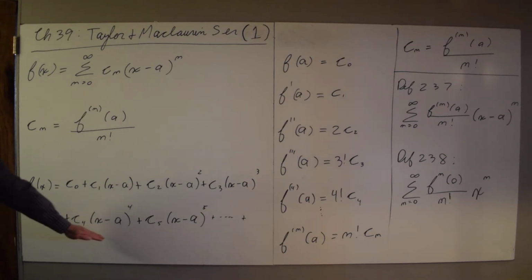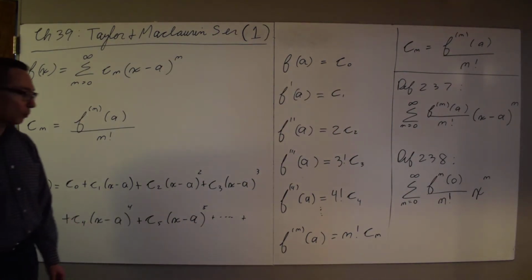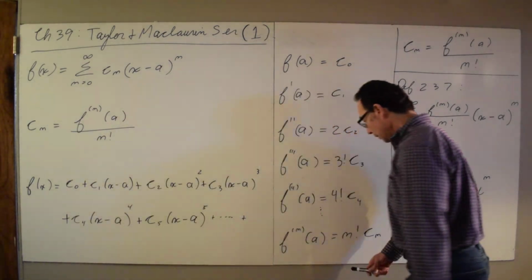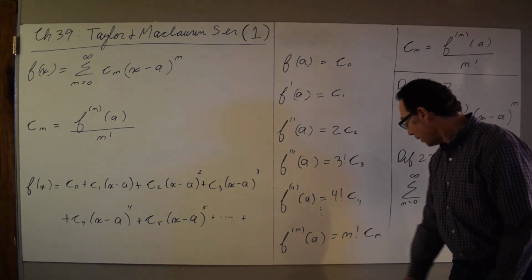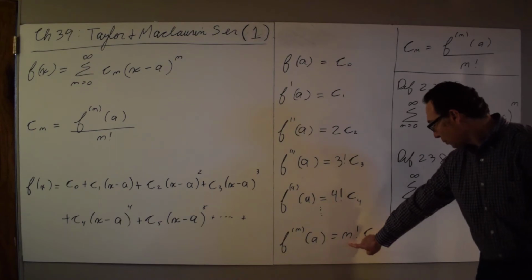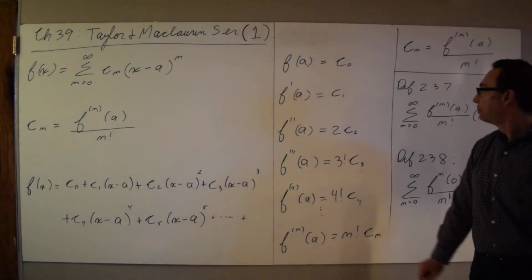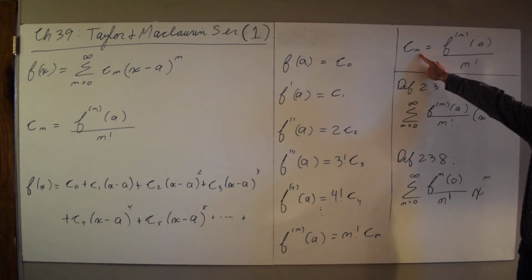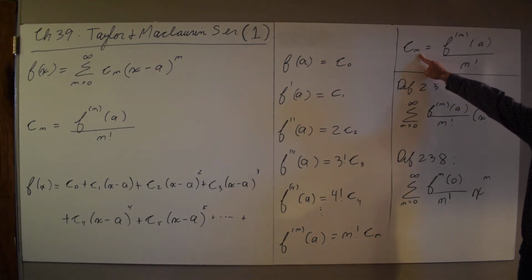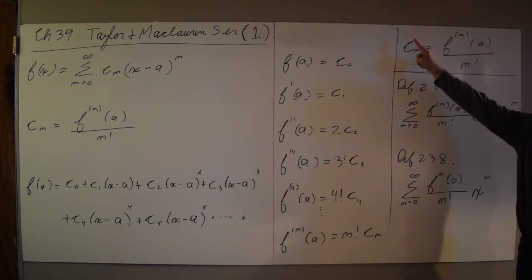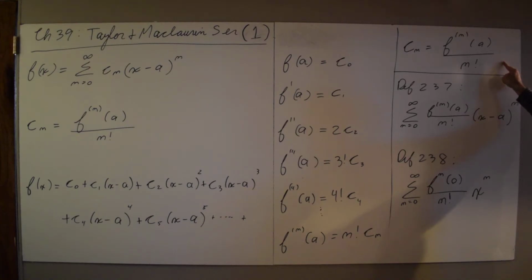All of these terms have an x minus a in them, and they go to 0. The same thing is true for the fourth derivative, and in general the nth derivative. And so the nth derivative of f evaluated at a is n factorial times c sub n. So we solve for c sub n, just divide both sides by n factorial, and this is where our formula comes from.